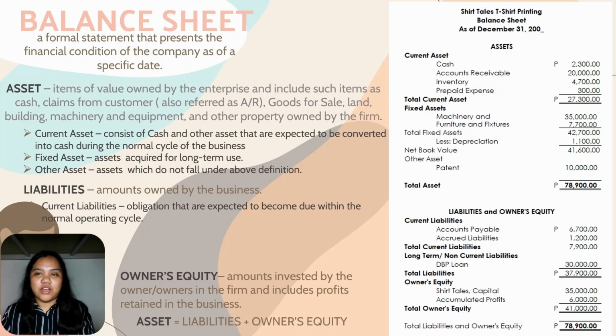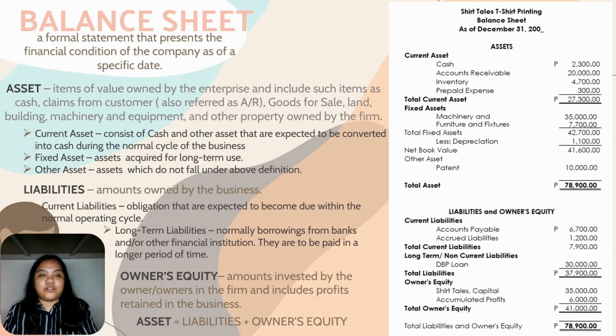The normal operating cycle is usually 1 year. It is paid within one year. If it is tagged long term or non-current, it is usually bank borrowings or other financial institutions, paid over long years. So, a long-term period, beyond the normal operating cycle.